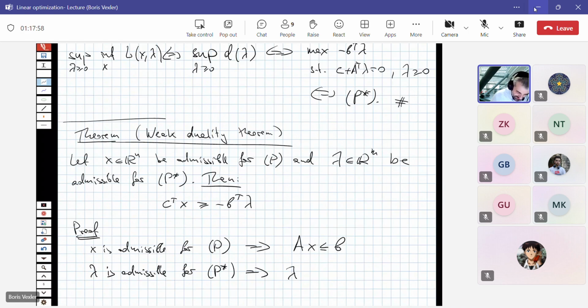It means that lambda is non-negative and satisfies the equality constraint A transpose lambda equal to minus c. We have two kinds of constraints for the dual problem. By the way, you see that the original problem has only inequality constraints, and the dual problem has both inequality and equality constraints.